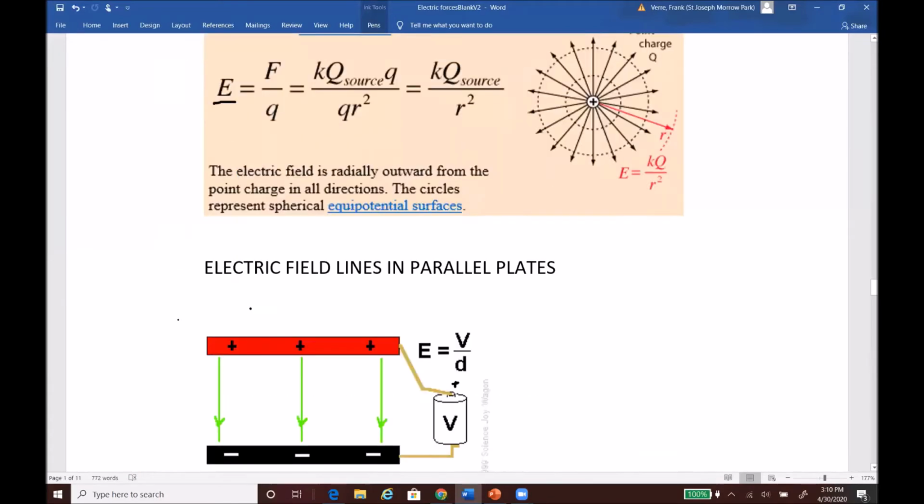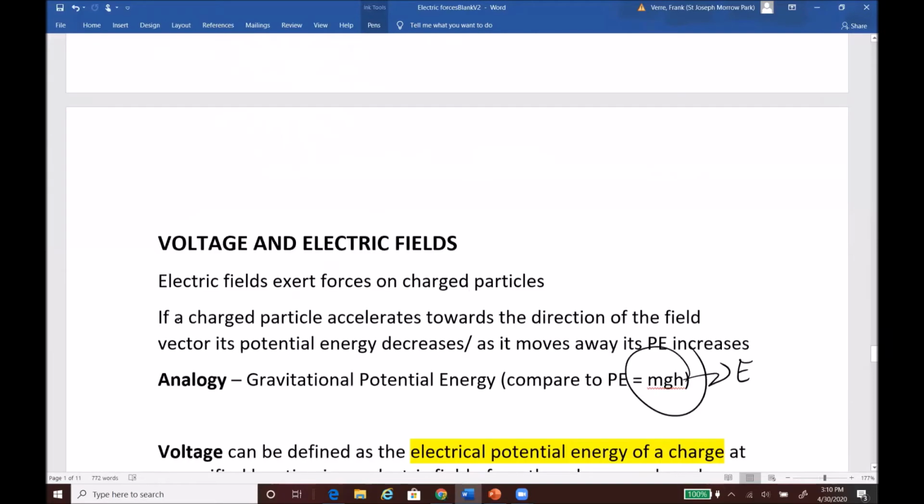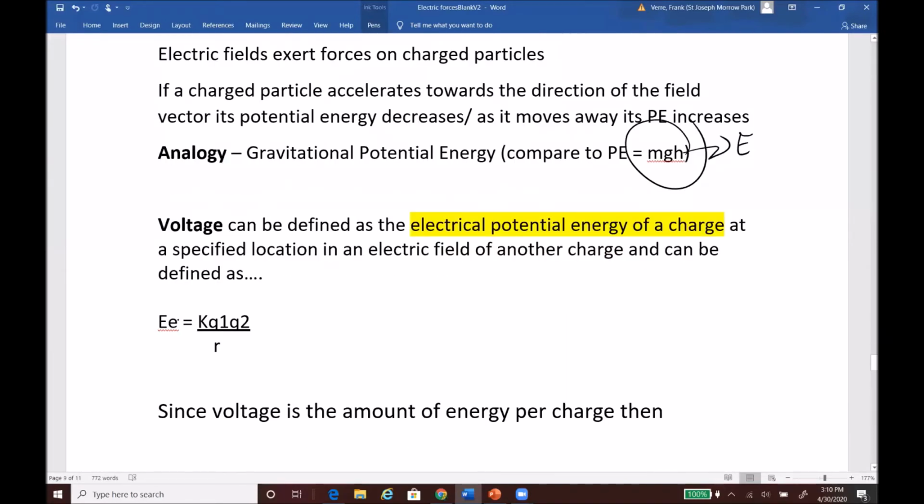Last unit, we worked out how to derive an equation as a function of G m1 m2 over r. That came from the universal law of gravitation, which, if you recall, was G m1 m2 over r squared.